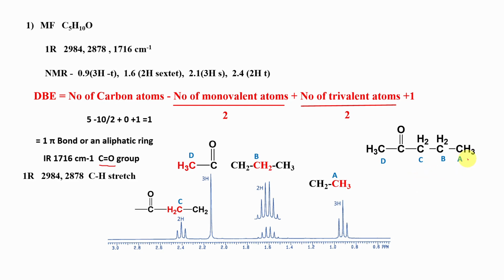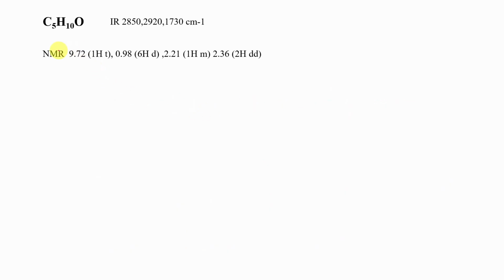It is the CH3 group indicated as A. It is B, the CH2 group B, and it is the CH2 group C, and it is the CH3 group D. And so the molecule is nothing but 2-pentanone. It is how we can determine the structure of a molecule from IR values and NMR values. Okay, and then consider the next molecule.